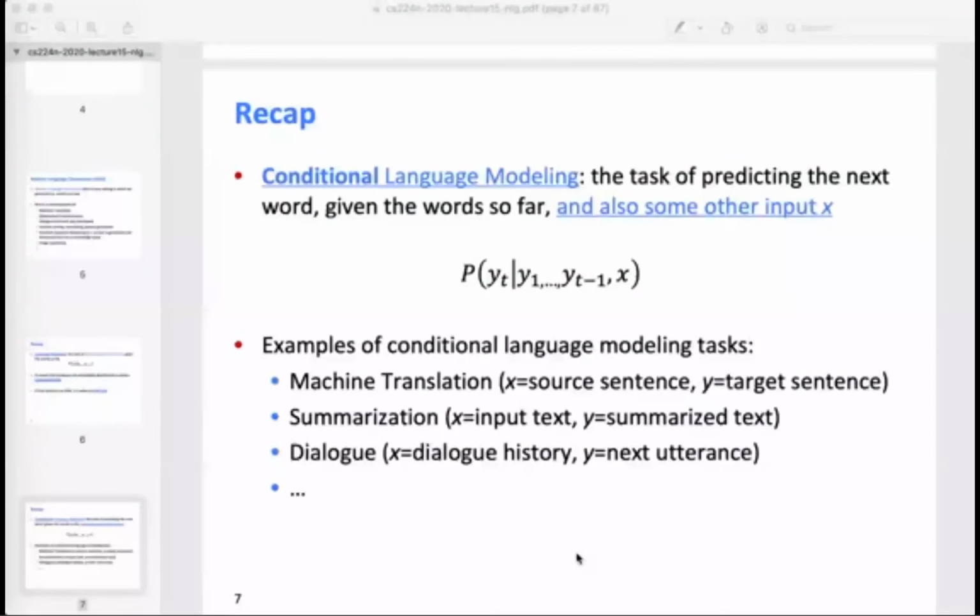Examples of conditional language modeling tasks include machine translation, where the input is a source sentence and you want a target sentence generated. Another example is summarization, where the input text is x and you want a summarized text as the result. Another example is dialogue, where the input is the dialogue history and you're trying to generate y, which is the next utterance.